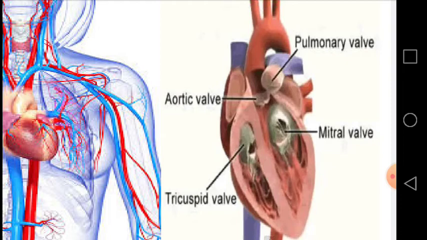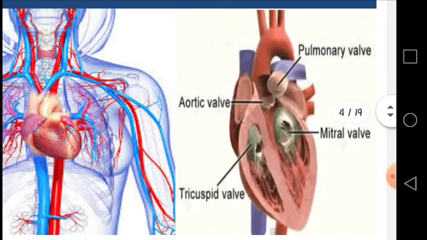On the right side, this valve is called the tricuspid valve because it has three flaps, while on the left side it is called the mitral valve or bicuspid valve because it has two flaps. So this is a little discussion about the structure of the heart and its valves.